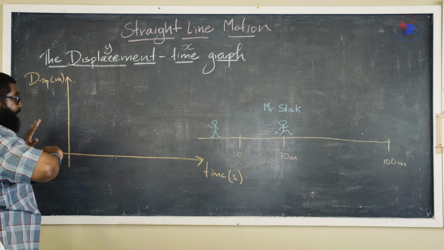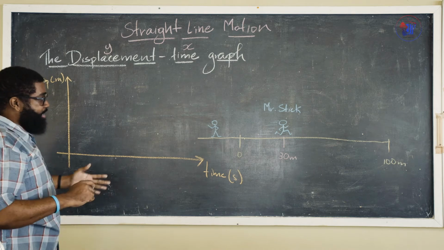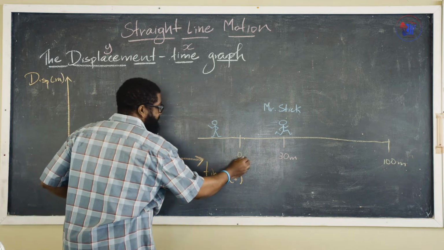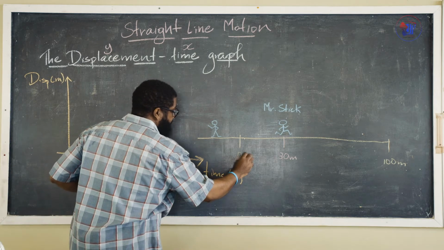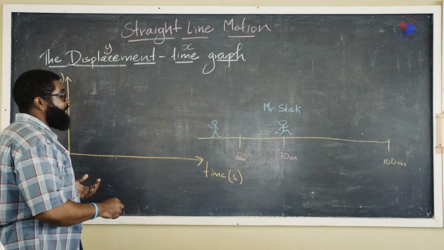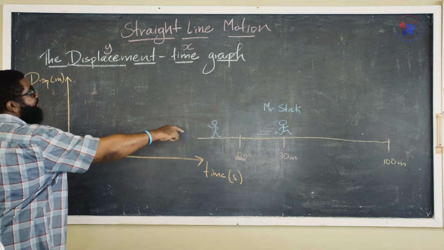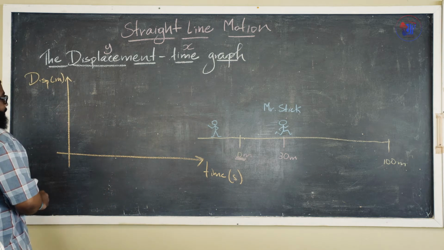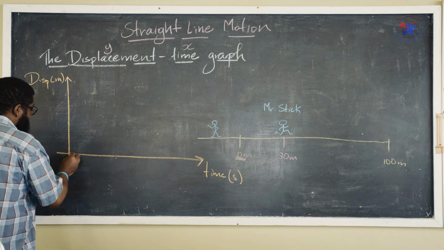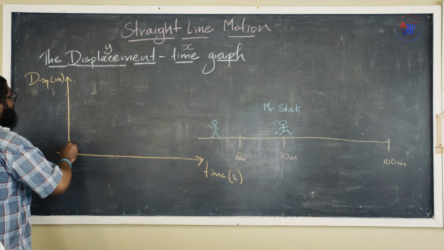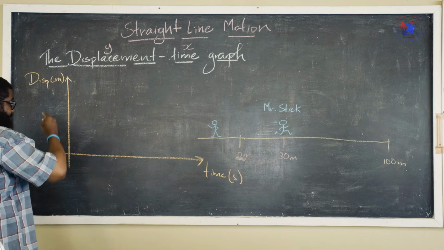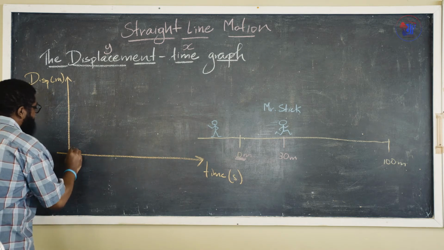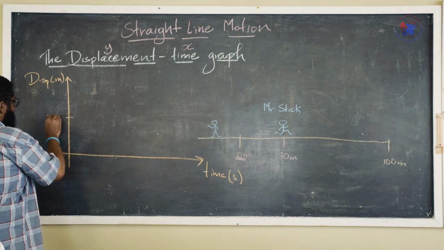So, let us begin by looking at Mr. Stick. Mr. Stick is going to run a 100-meter race. So this is the starting point because this is marked as 0, and forgive me for forgetting the unit, 0 meters. So I have the 30-meter mark indicated on my racetrack. So Mr. Stick starts at 0 meters. So he starts from here and he gets to 30 meters.